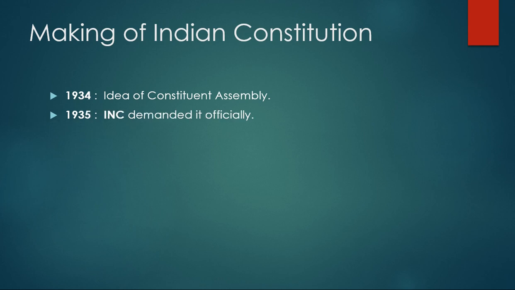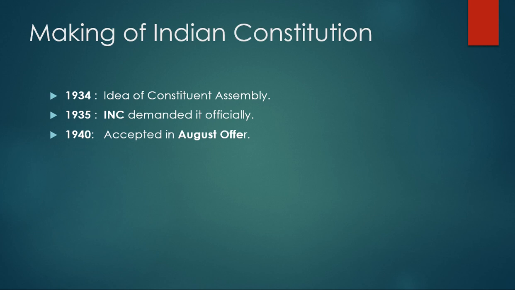In the next year, 1935, the Indian National Congress demanded it officially. That is, the Indian National Congress raised its demand, and one of the demands was that there should be a Constituent Assembly for the Indian Constitution.